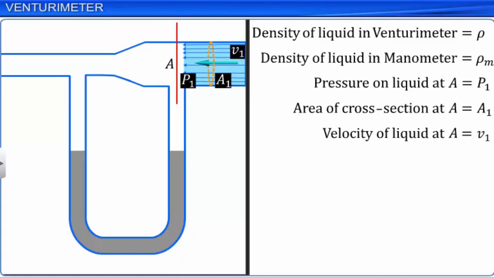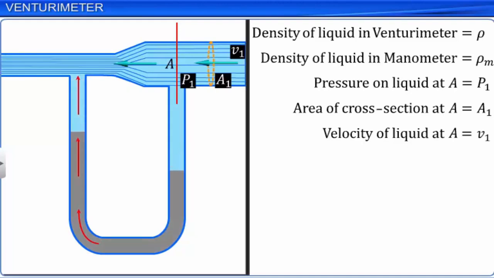As the liquid heads for the constriction, the area of cross-section of the tube decreases and hence its velocity increases, decreasing the pressure therein. This decrease in the pressure at the constriction creates a vacuum and sucks up the liquid in the manometer limb.